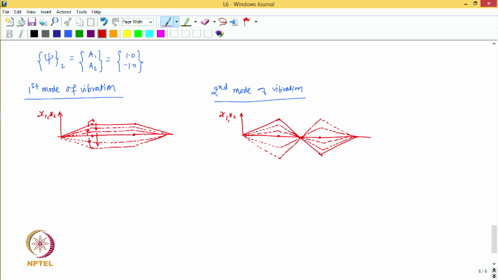Now, what is therefore the general free vibration solution? General solution under free vibration. So, if you look at the first mode of vibration, the general solution can be written as x.